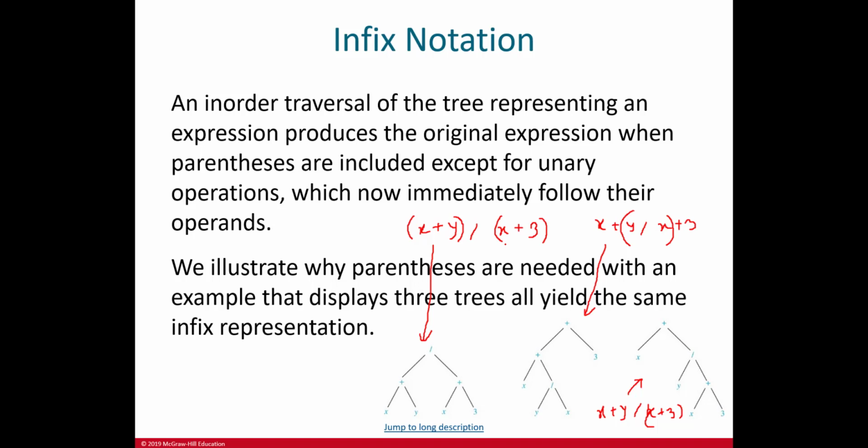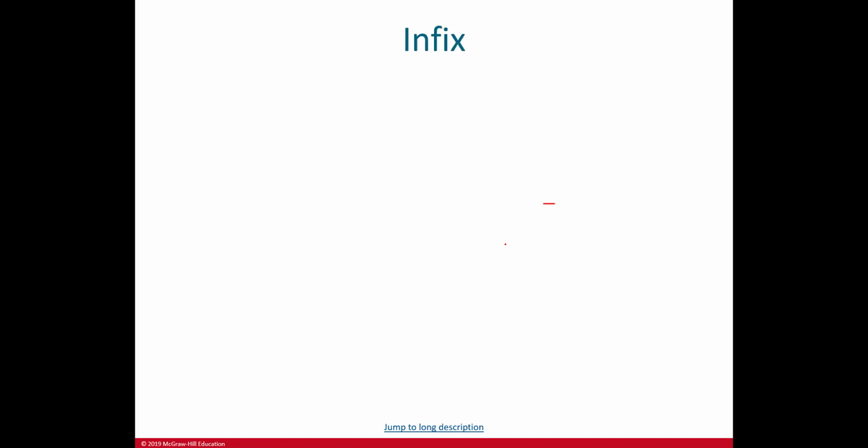In order traversal of a tree gives us the infix notation. Here are some more examples of infix notations that we can consider. A simple expression can also generate 2 different trees depending upon how we place the brackets, like this, or like this.